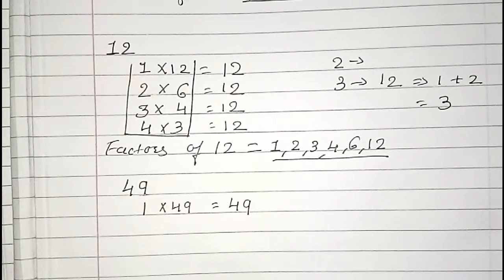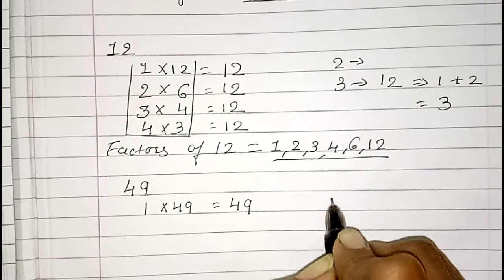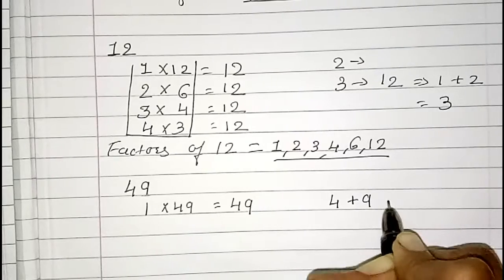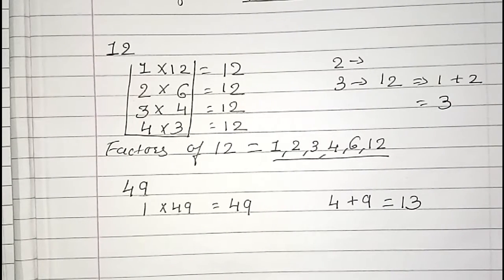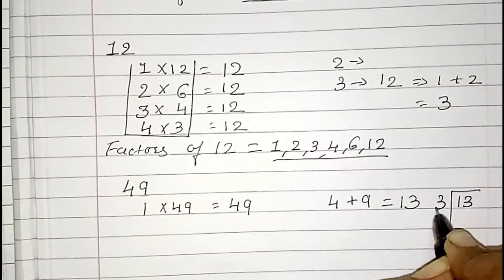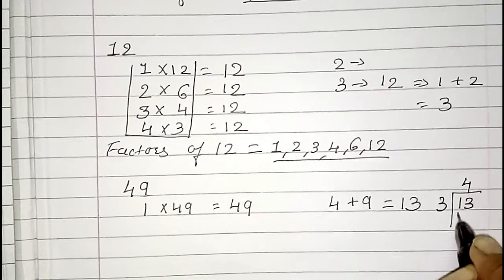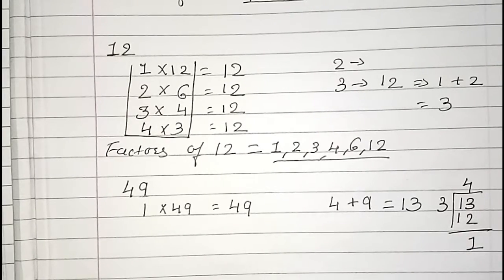It is an odd number, so 49 cannot be divided by 2. Now do the divisibility test of 3. 4 plus 9, it is 13. Can 13 be divided by 3? It doesn't, no problem, check. 3 fours are 12, 1 is the remainder. So no, 3 is not possible.